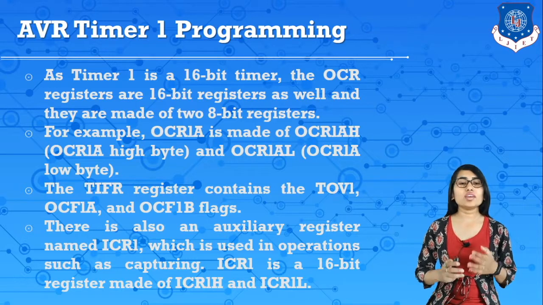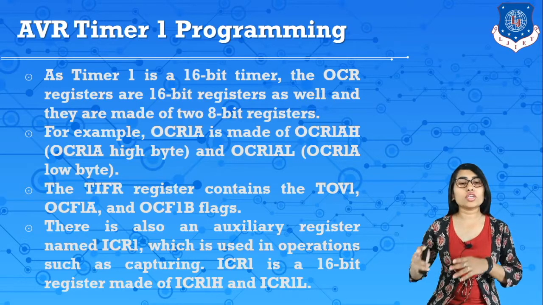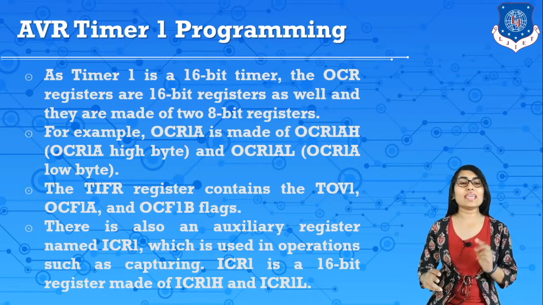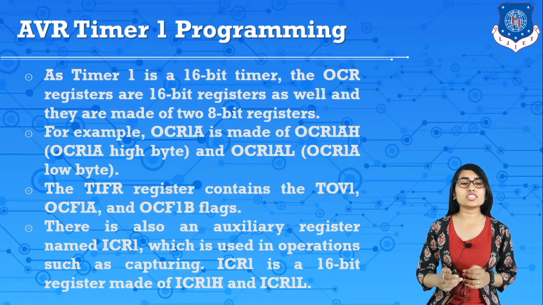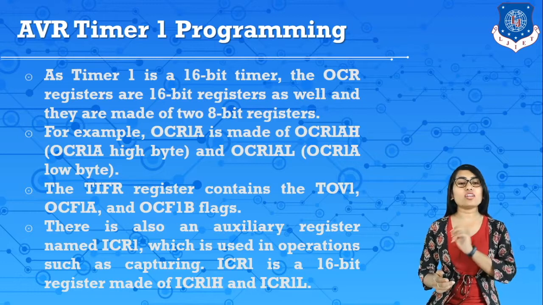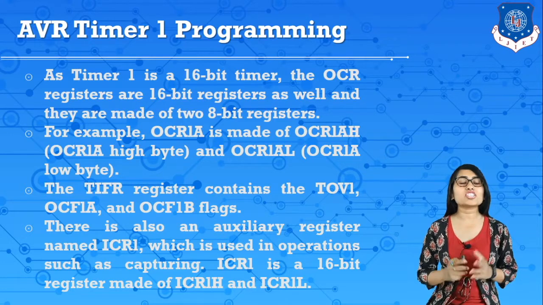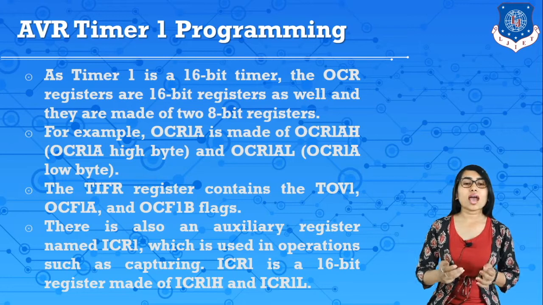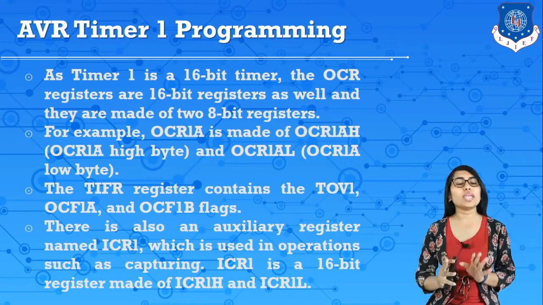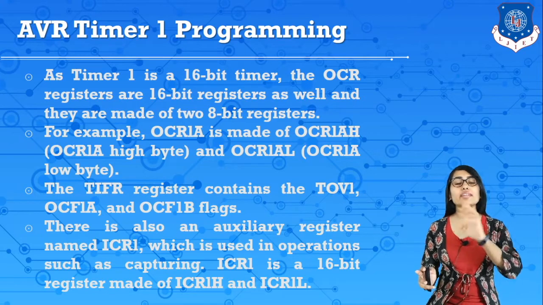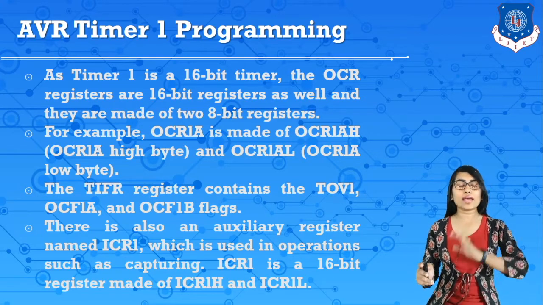The TIFR register also contains the TOV1, OCF1A and OCF1B flags. There is also an auxiliary register named ICR1 which is used in operations such as capturing. ICR1 is a 16-bit register made of ICR1H and ICR1L.